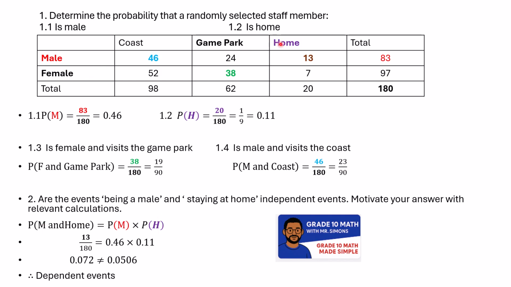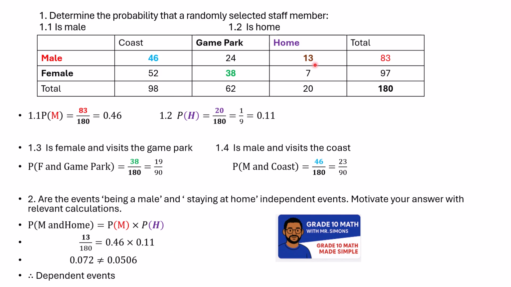So being a male and staying home is, from the top, 13 over 180. So there we have 13 over 180 of males that want to be home. Probability of male, 83 over 180, which gives me 0.46.